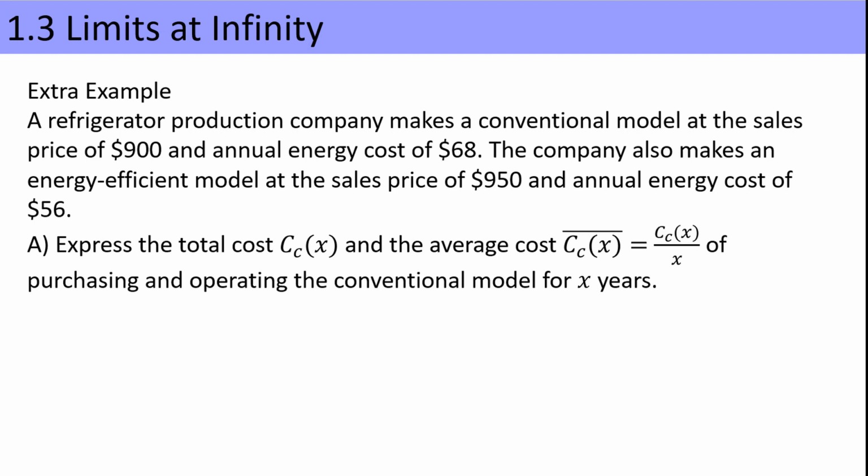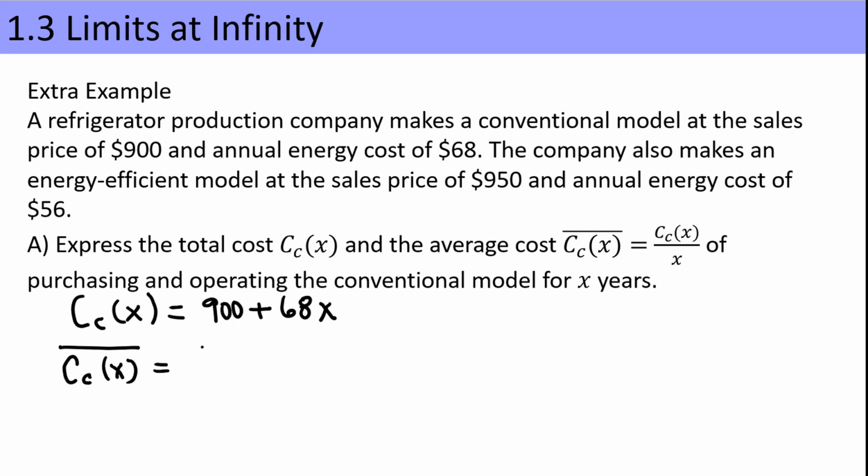So let's begin with the total cost, C sub c of x. The initial purchase price of the conventional model is $900, and for each year that you own it, it's going to cost you $68. Now let's compute the average cost, C sub c bar.